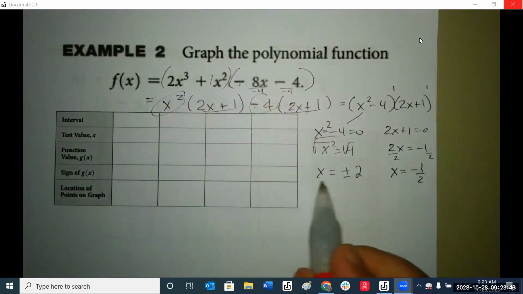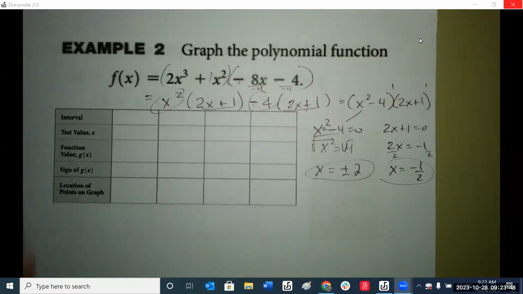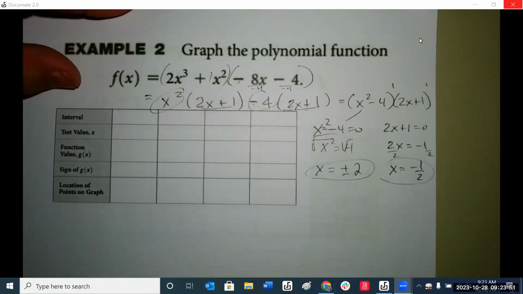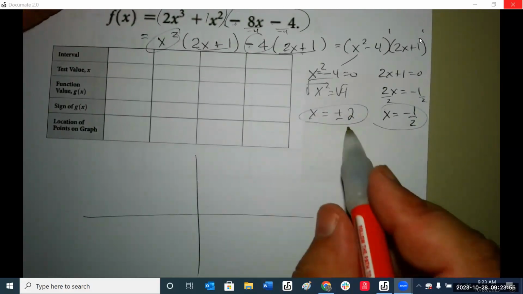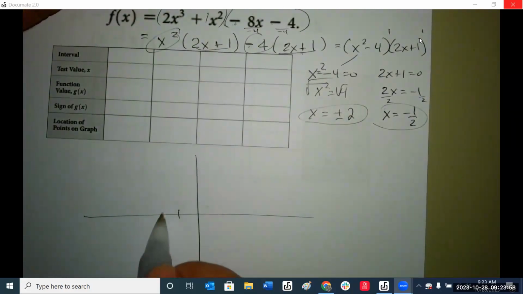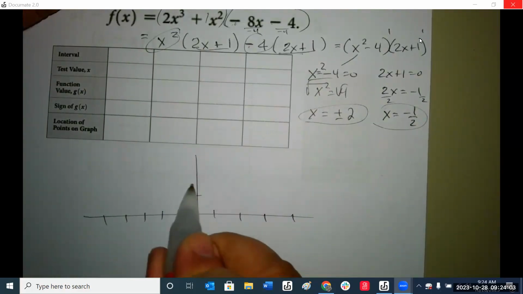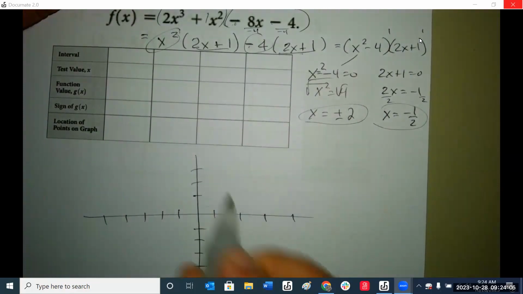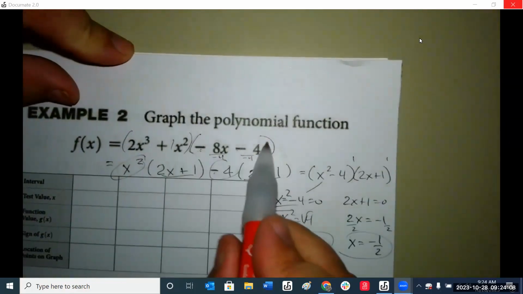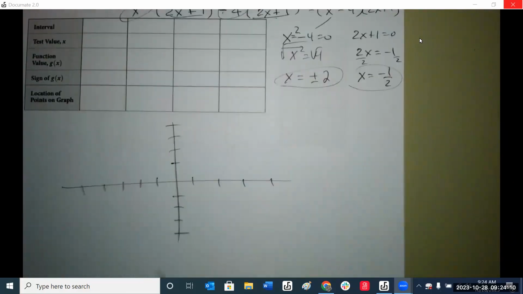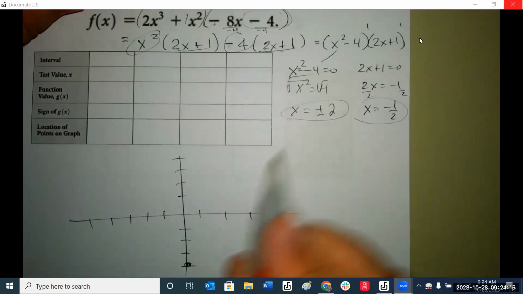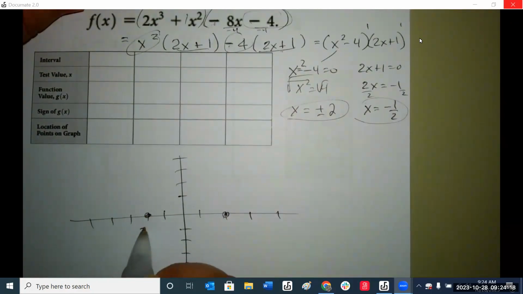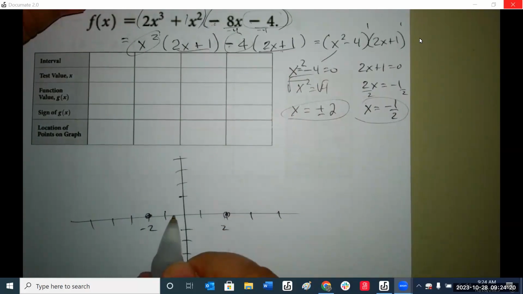So these are my 3 answers. We know our y-intercept is at negative 4, and our x-intercepts are at positive and negative 2, and at negative 1/2.